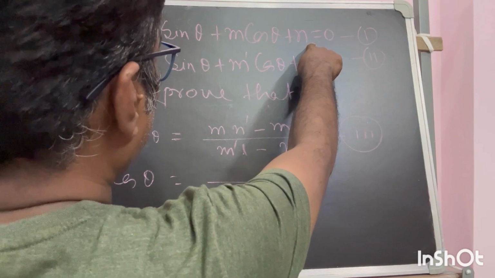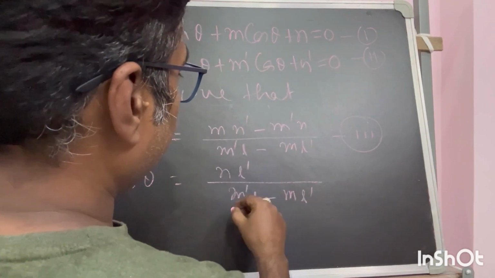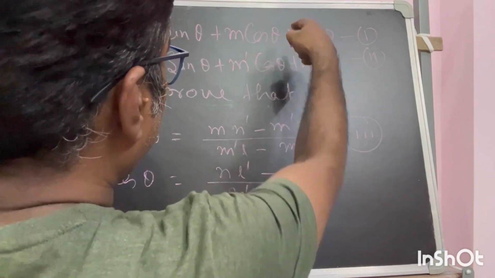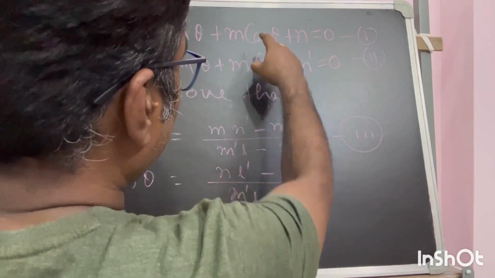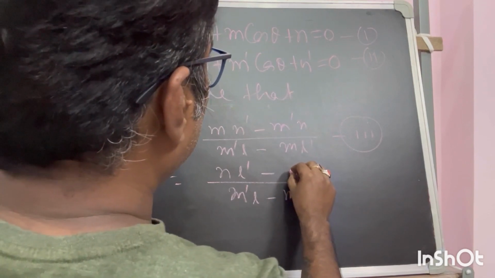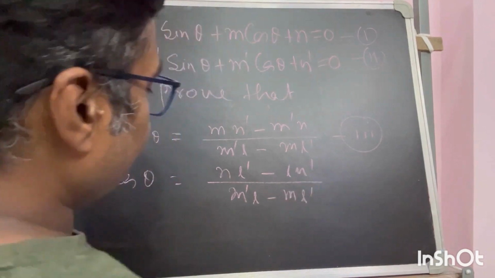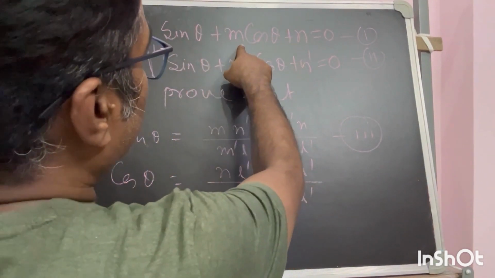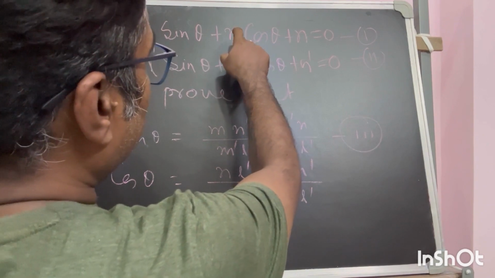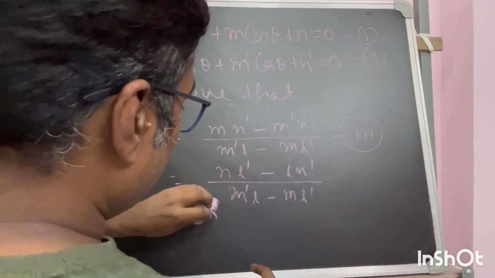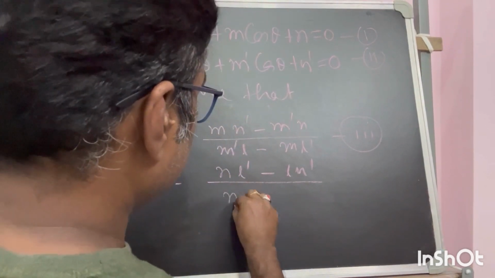If I multiply, yes, N L dash will come minus, I am deducting this to get sin theta. So this will be L dash, in the above it will be L and dash will come, and at the bottom where I am multiplying with L dash, yes, it will be the same.